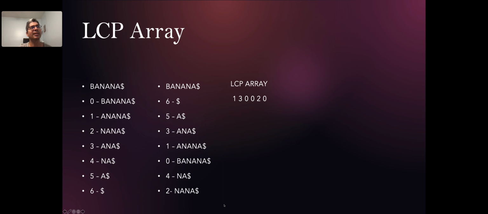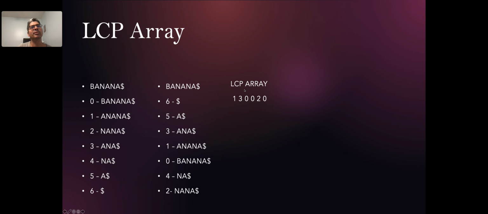What's the LCP array? It is the longest common prefix array. If you have banana, the suffixes in lexicographical order are: a, ana, anana, banana, na, nana. So the suffix indices would be 5, 3, 1, 0, 4, 2.